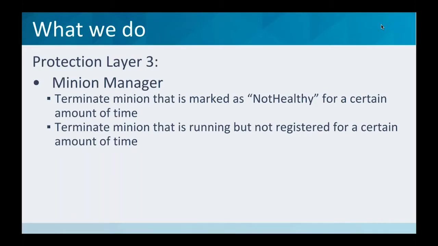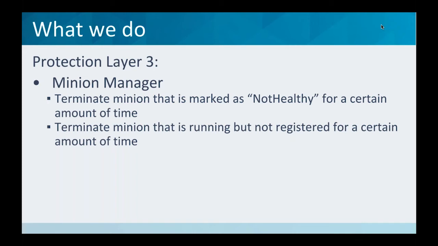So we implemented a service called Minion Manager that runs inside Kubernetes. This is a microservice that monitors the minions from a Kubernetes perspective. There are two cases where this service will think the minion is not good. The first one is the minion is marked as not healthy by Kubernetes.